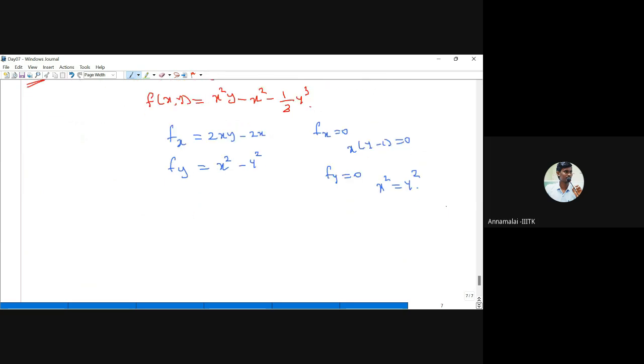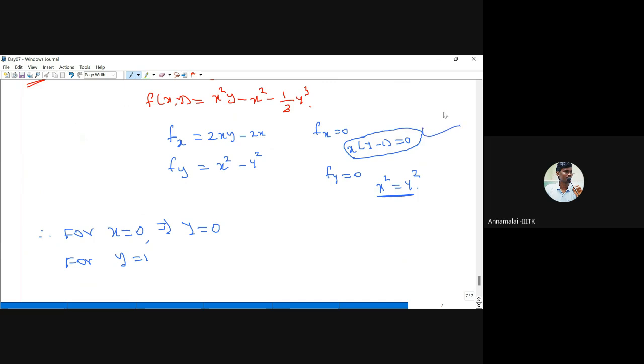Now what are the possibilities? Since the product x into y minus 1 is 0, either x equal to 0 or y equal to 1.